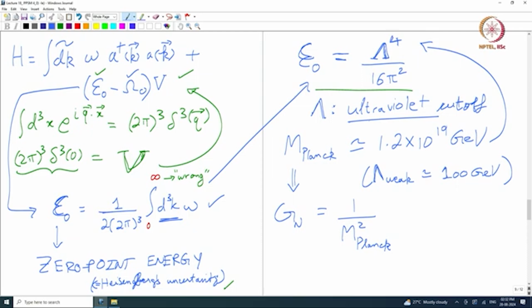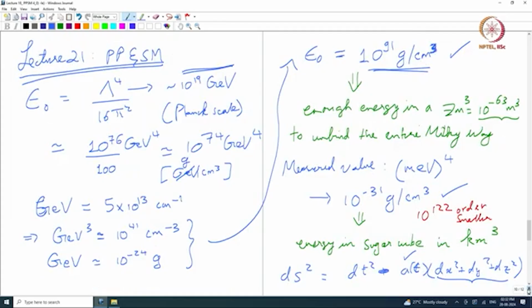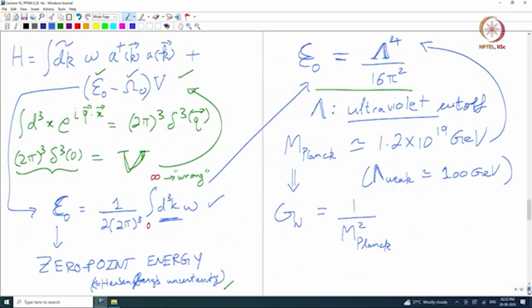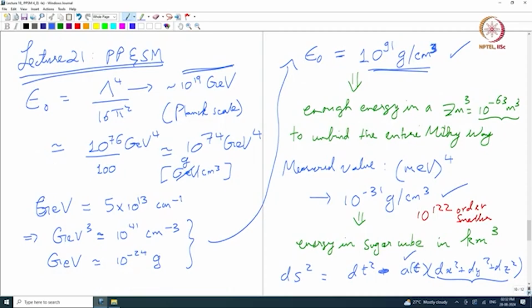But even if you use just the Z mass around 100 GeV, the weak scale, as your cutoff, what happens? Instead of 10 power 76 GeV, let me write down here, if I use lambda as just 100 GeV, the weak scale, then I end up with what?